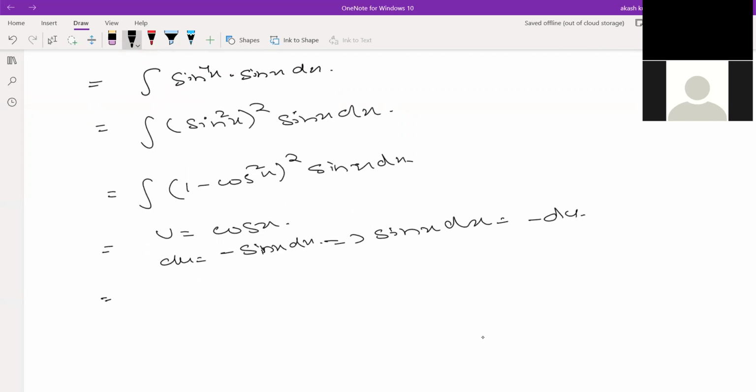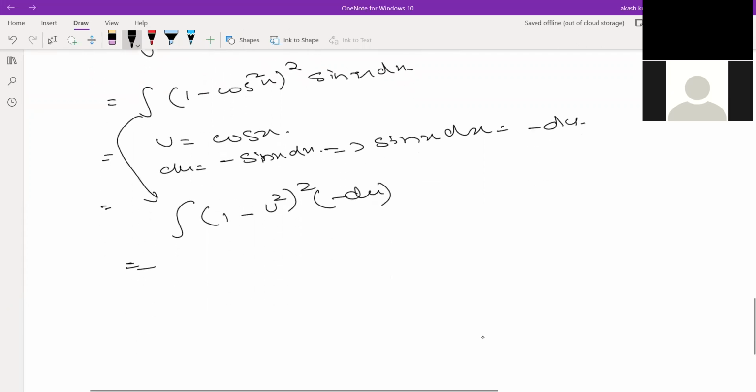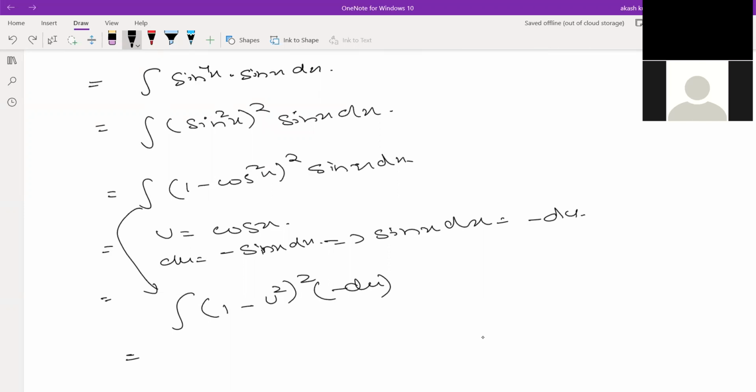and now applying u in this formula, it will become 1 minus, instead of cos x, I can write u, and here it's squared, so it will become minus u square, and then there's a whole square, and instead of sine x dx, I can say that it equals minus du. Taking the minus sign out, it becomes 1 minus u square.